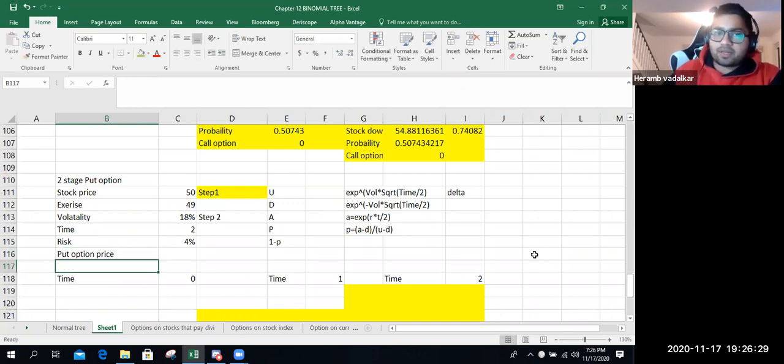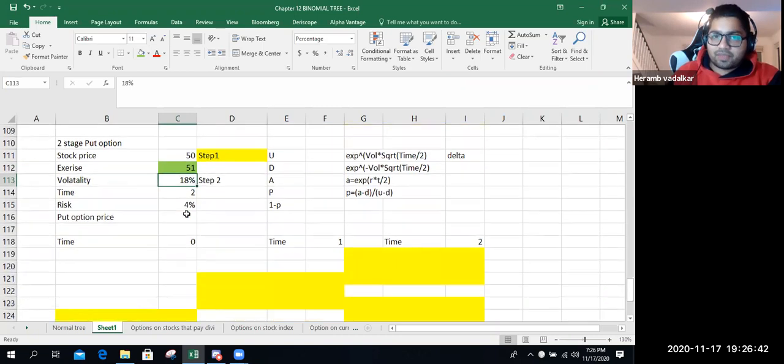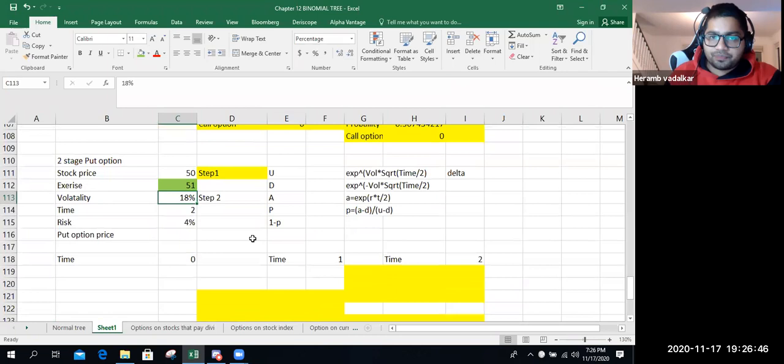So put option becomes profitable if price is below exercise price. Okay, so let's make exercise price 51. So it will be a little more fun. So put option is profitable if price is below exercise price. Okay. So let's start filling it up.